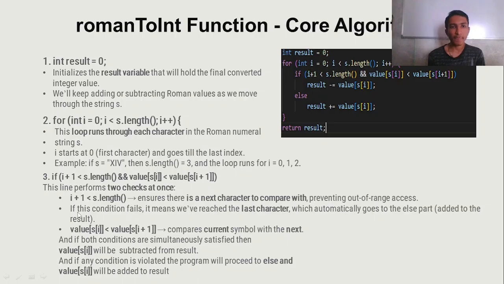So what we are checking is i plus 1 should be less than s.length. This ensures that there is a next character to compare with, preventing out-of-range access. If this condition fails, it means we have reached the last character, which automatically goes to the else part, add to the result value of s[i], and we have talked about this value. Value gives the integer value corresponding to the Roman numeral.